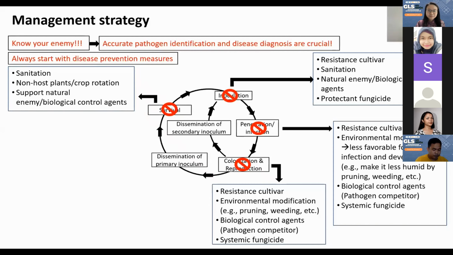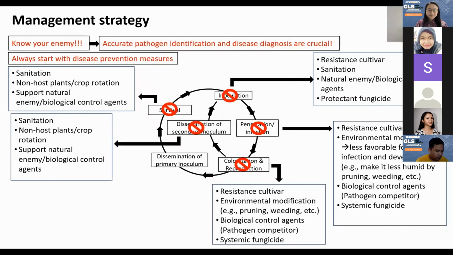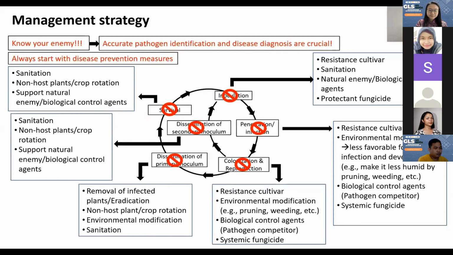Okay, and then utilization of biological control, natural enemies, non-pathogenic strains can help too. And okay, systemic fungicide, right? If it's available. Okay, and how about dissemination, the spread of pathogen inoculum? What can we do if the pathogens are in this stage already?